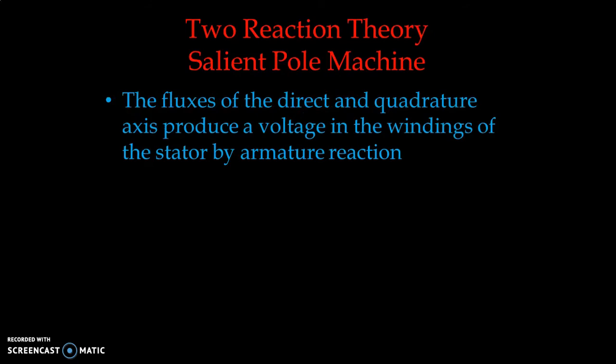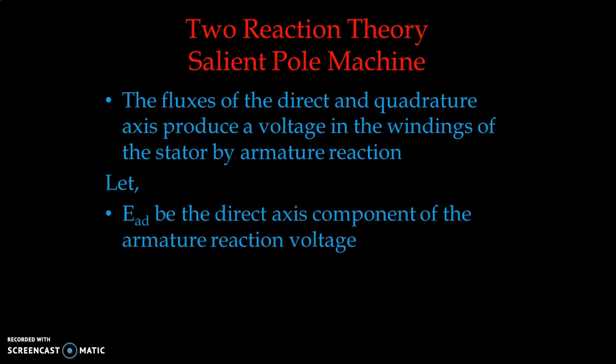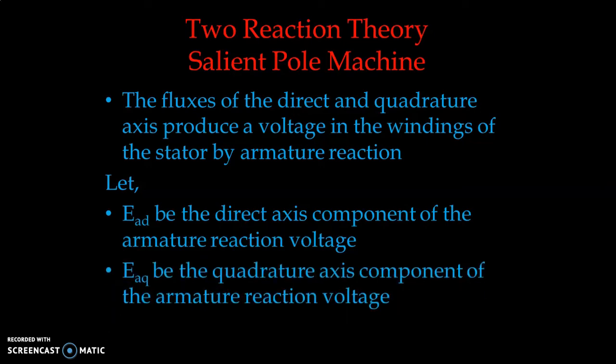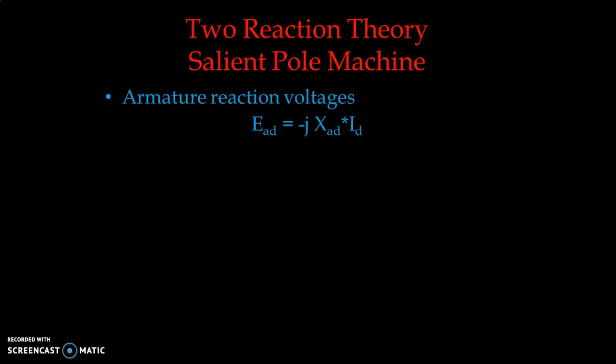The fluxes of the direct and quadrature axis produce a voltage in the stator winding by armature reaction. Suppose EAD is the direct axis component of the armature reaction voltage and EAQ is the quadrature axis component of the armature reaction voltage.